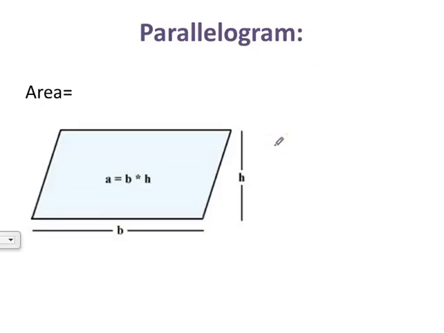So for parallelograms, the area is just base times height. And the same thing is true where the height, whoops, not a capital B, the height must form a right angle. Again, the height must form a right angle with the base.